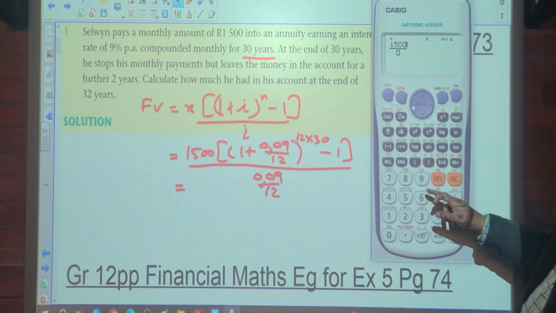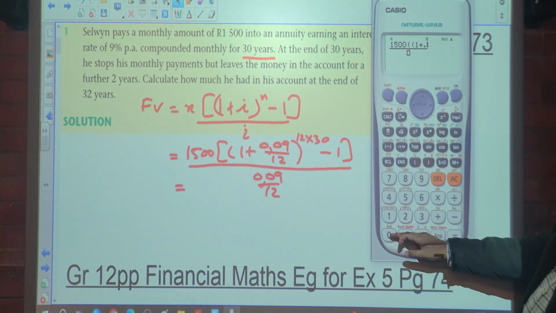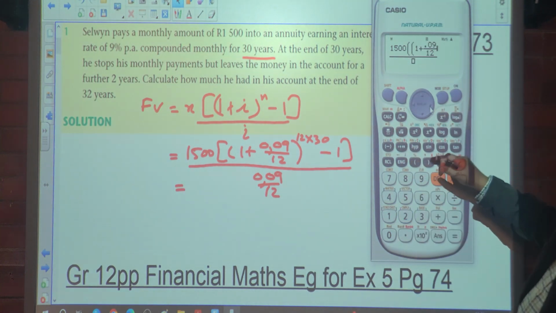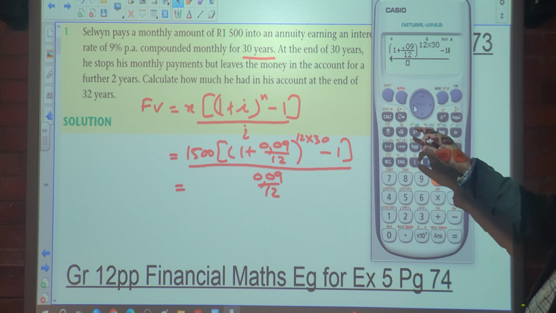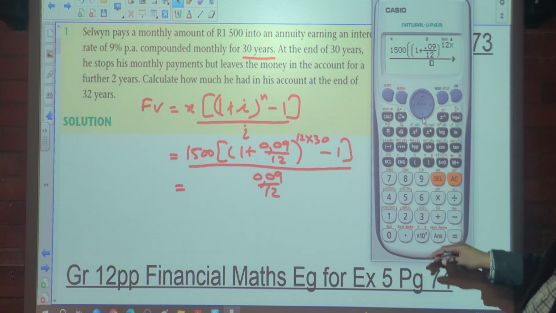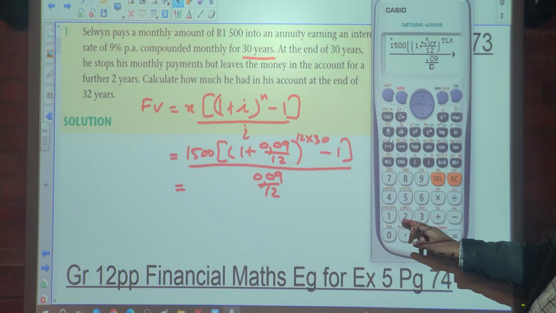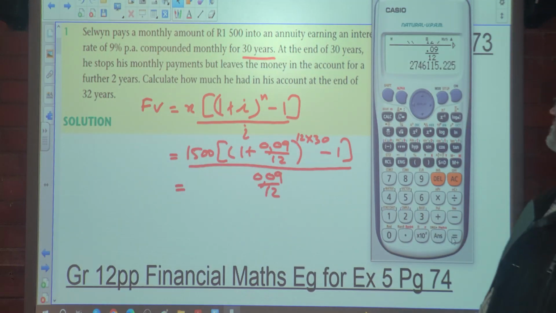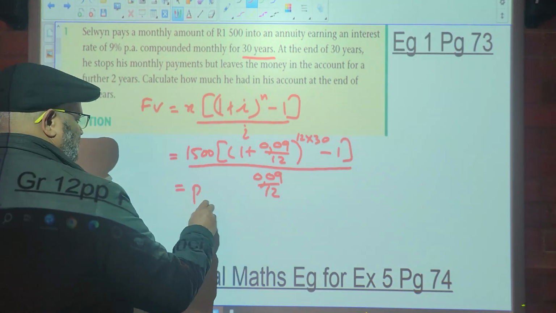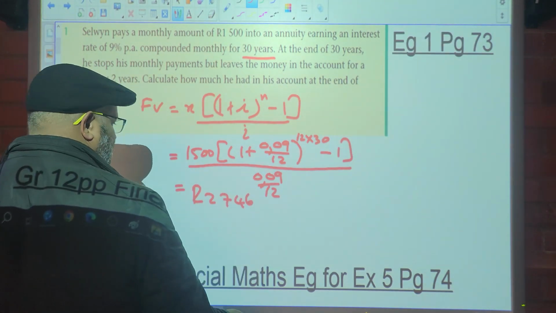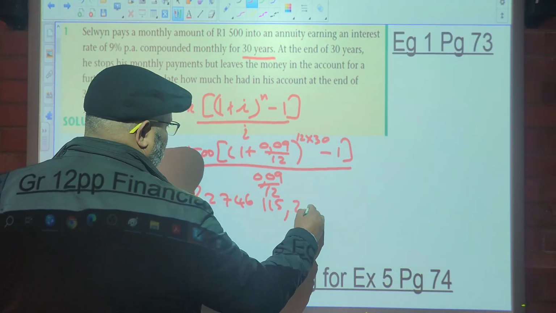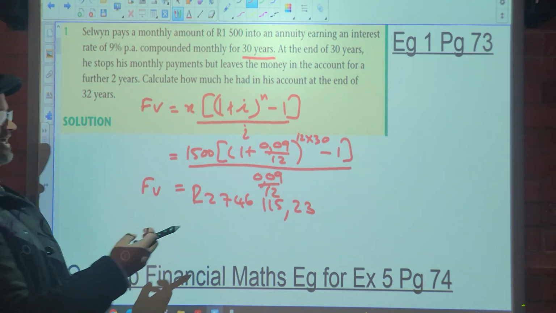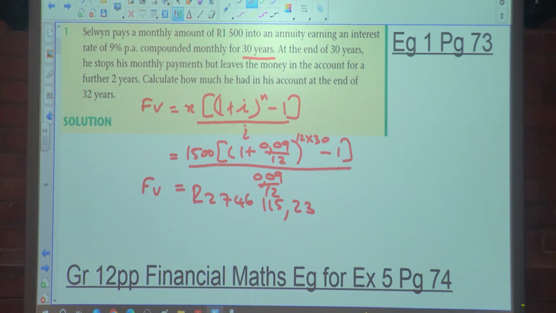Let's close the bracket. That gives you 2,746,115 rand and 23 cents. So that is what he has in the account after 30 years.